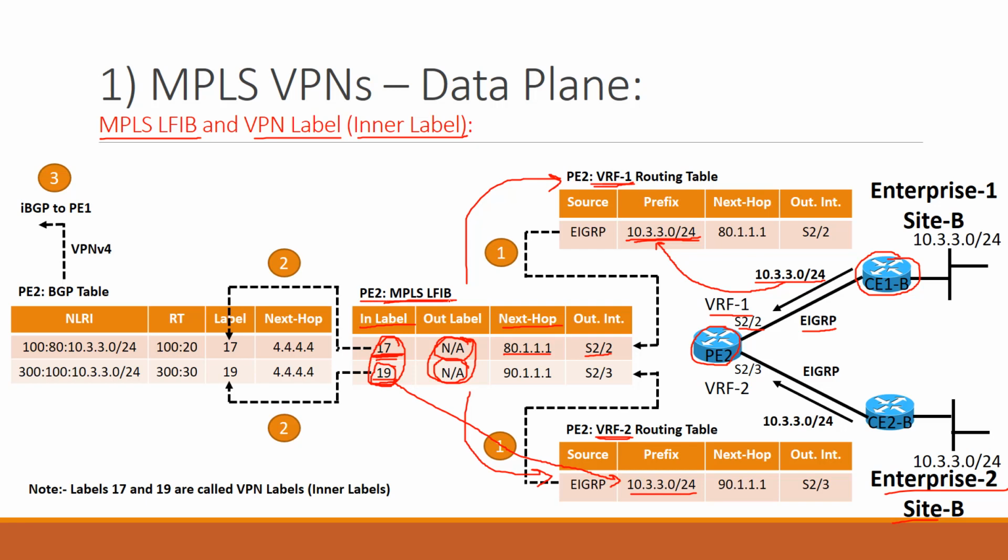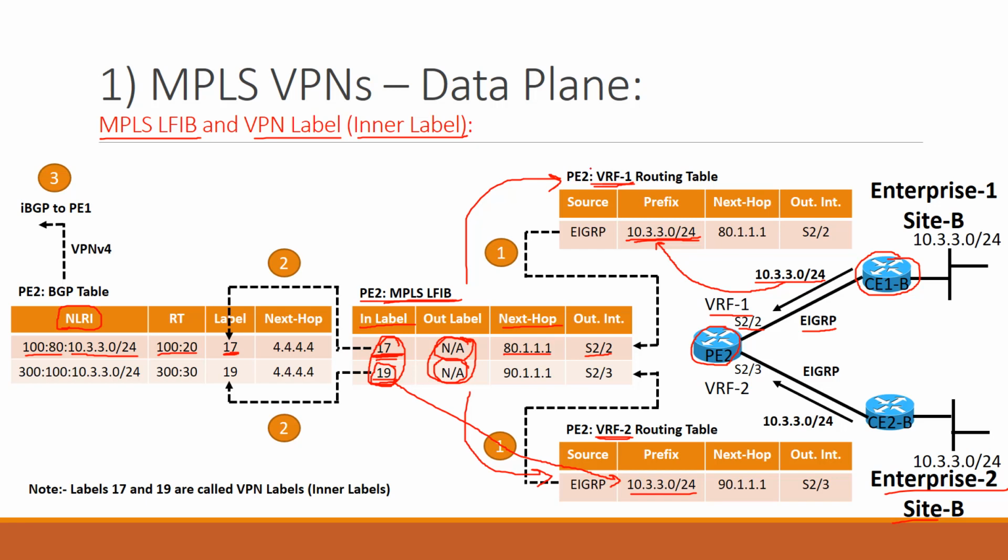The next step is that the MPLS label forwarding information base will feed the BGP table, because the BGP table, the multiprotocol BGP, has an NLRI, which came by the route distinguisher for the specific VRF and the IP prefix, and the export route target, and now the inner label or the VPN label.